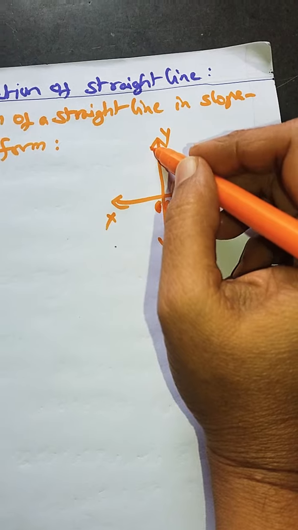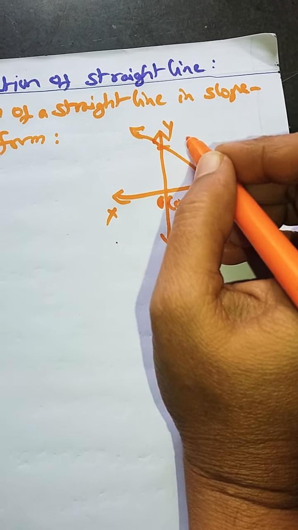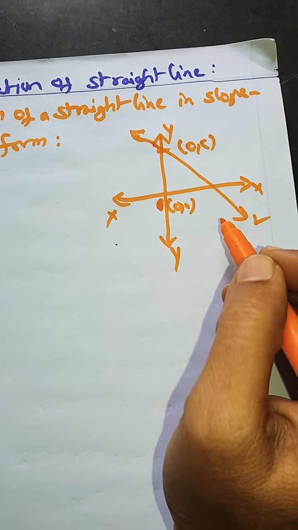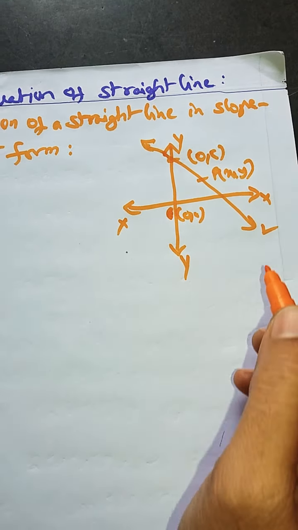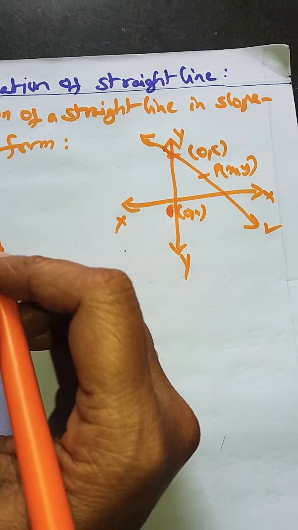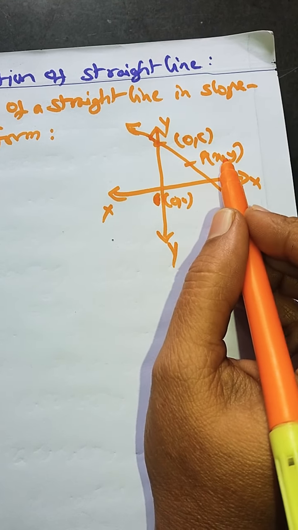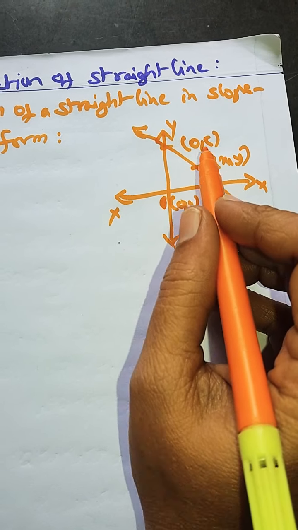Now I will take a line L which intersects the y-axis at (0, c). Let us take P (x, y) as a point on the line. So this line L passes through point P (x, y) and intersects the y-axis at (0, c).